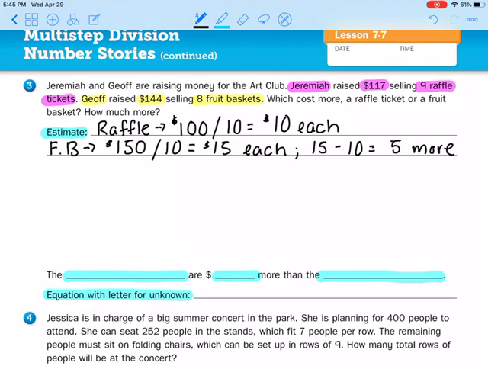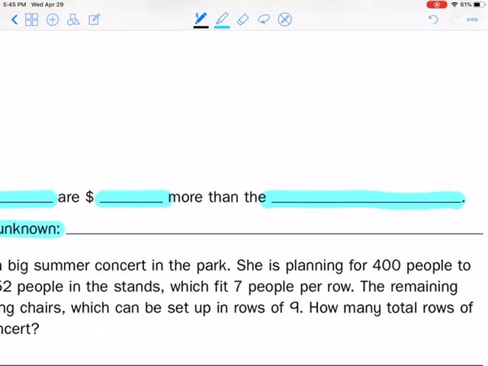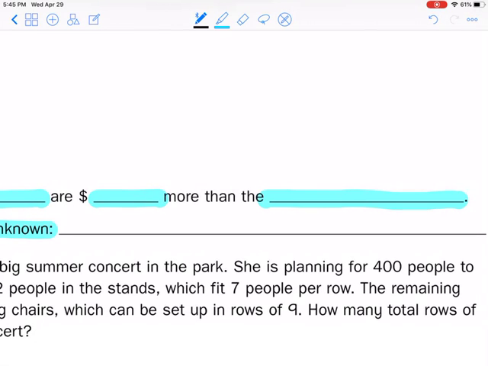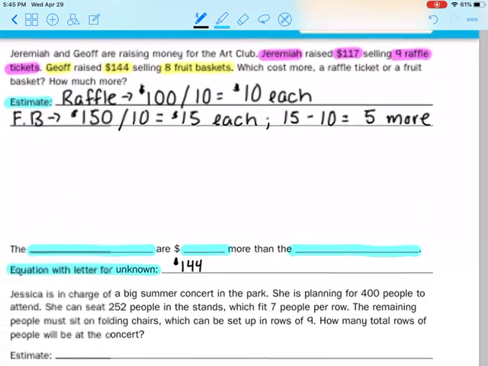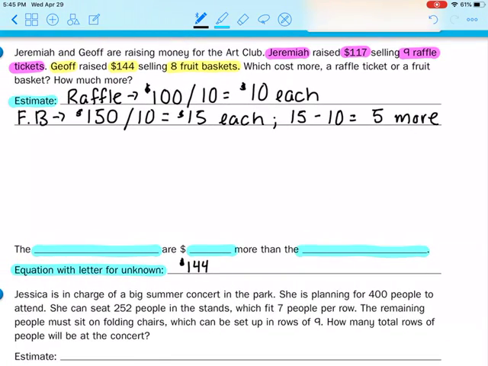So now we want to write an equation with the letter for the unknown value. So the first thing that you would do is take that $144 that Jeff made, and you're going to divide that by 8 for how many fruit baskets he sold.